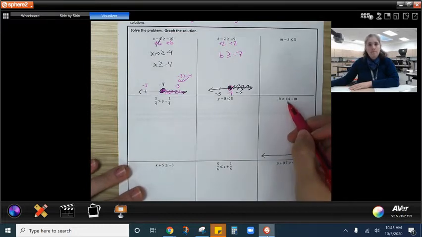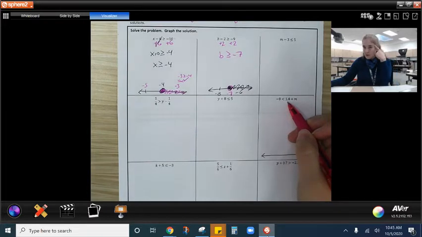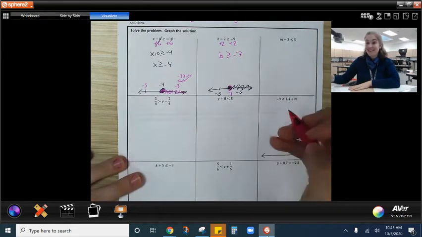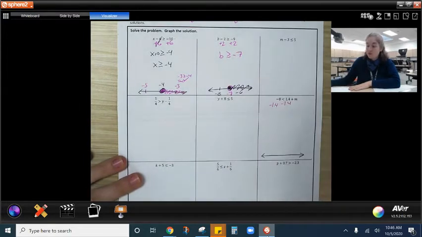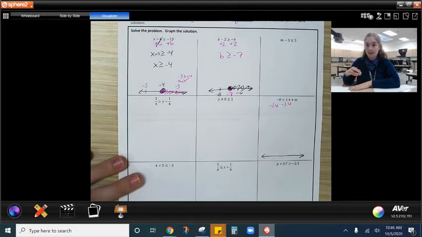I noticed some errors when we have a number like this. We have to think about, is this a positive or a negative number? It's a positive. What's the opposite of a positive? Subtraction, negatives. So 1.4 is going to be subtracted on both sides, not added.